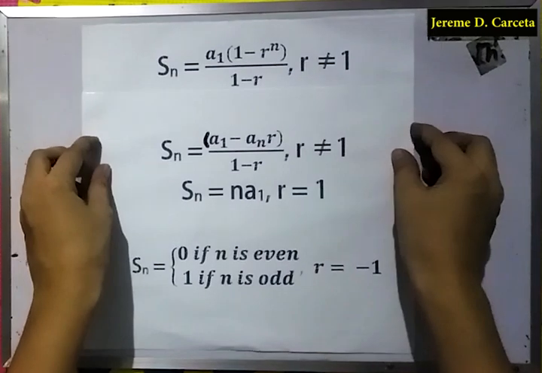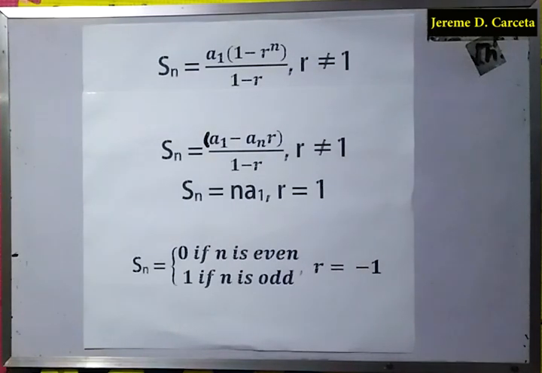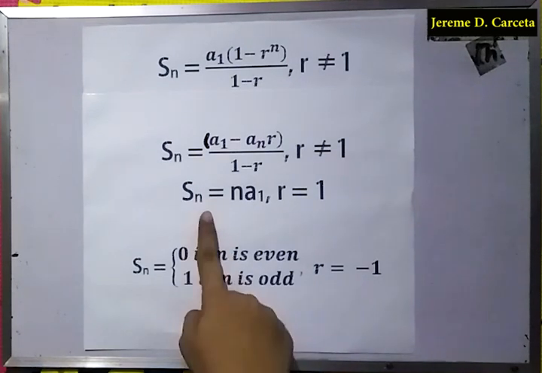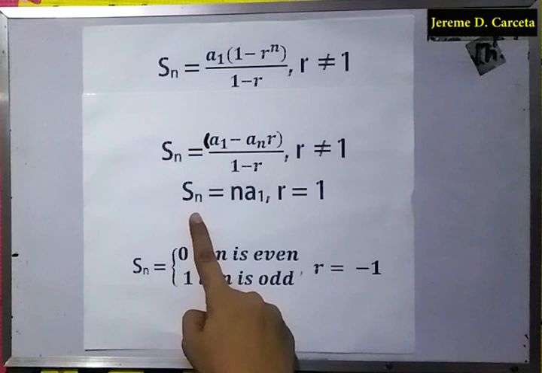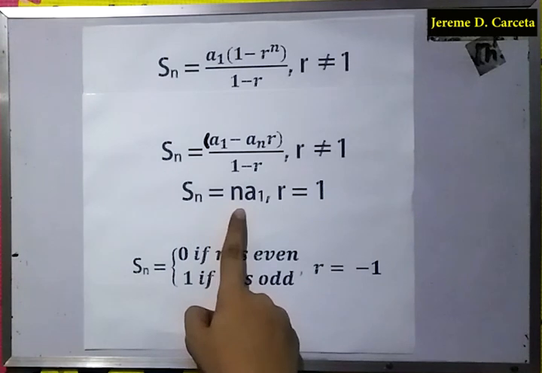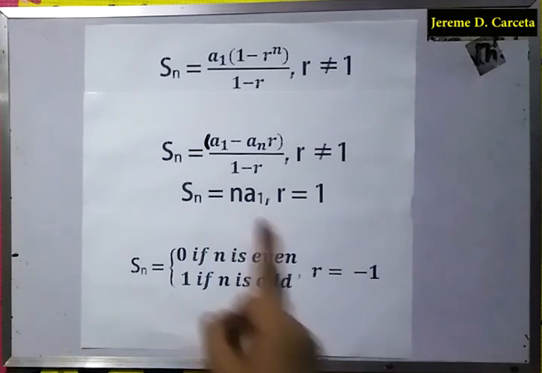Or we can use the following formula. So here are the different formulas to be used. If we have repeating numbers, let's say 5, 5, 5, 5, 5, wherein our common ratio there is 1, we use this formula: s sub n is equal to the number of terms times the first term.